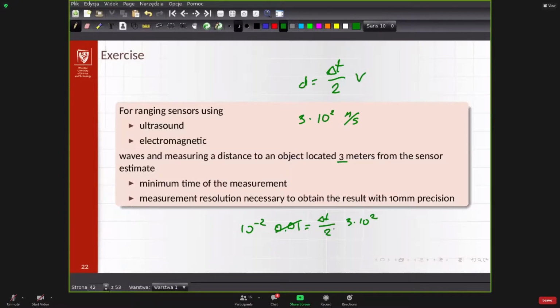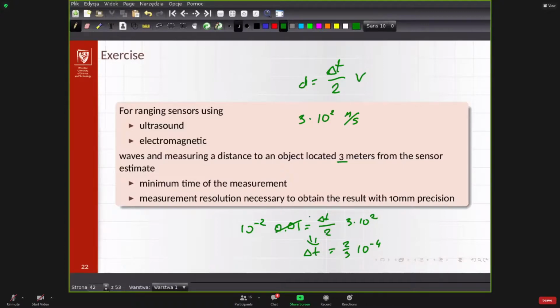In total, when we transform it to our delta t, it will be like 2/3 of 10 to minus 4. Yes, so it is even higher frequency than 1 kilohertz.